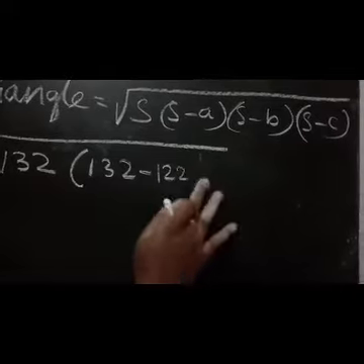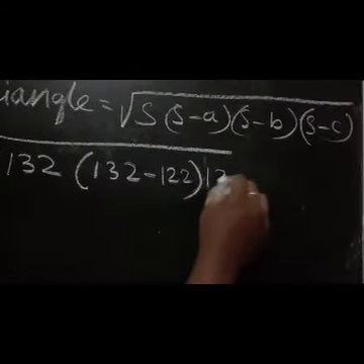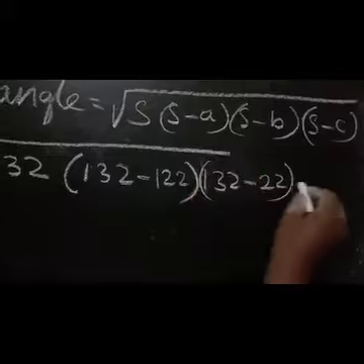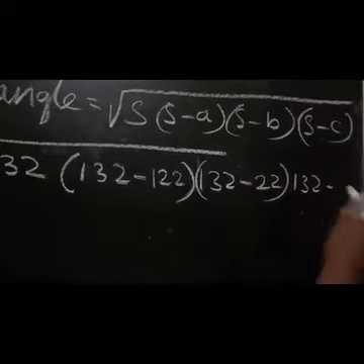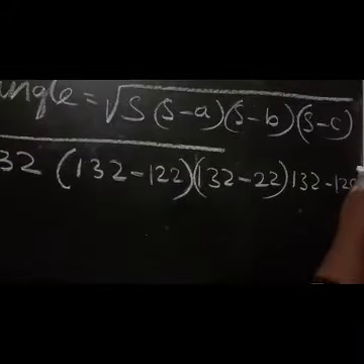Meter no need. Last we'll write. Then S value here 132 minus B value we have 22 meter. And 132 minus C value we have 120.